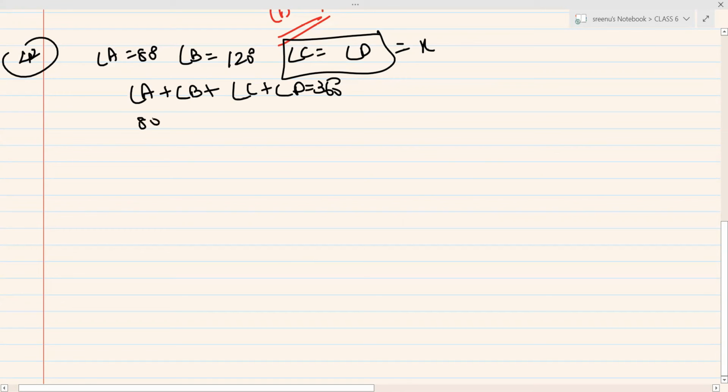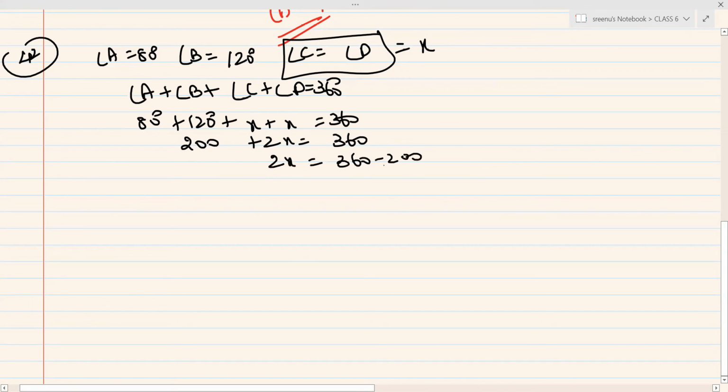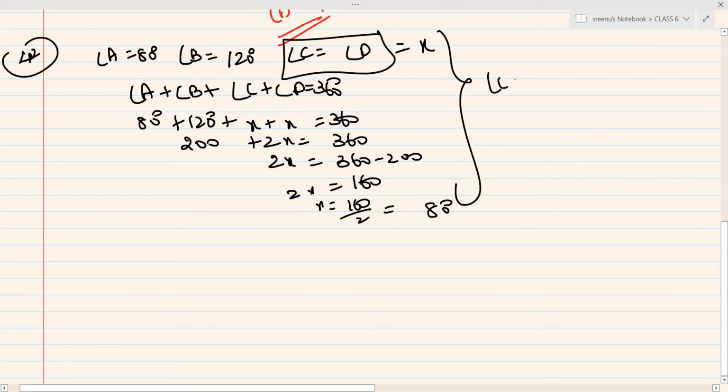So 80 plus 120 is 200, plus 2x is equal to 360. 2x is equal to 360 minus 200, which is 160, and x is equal to 160 over 2, which is 80. So the rest of the two angles are 80, 80. Right? And 43.